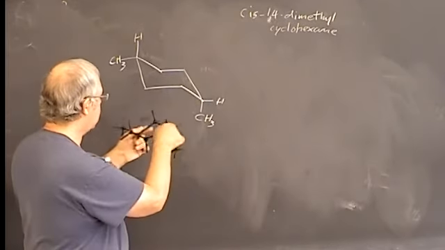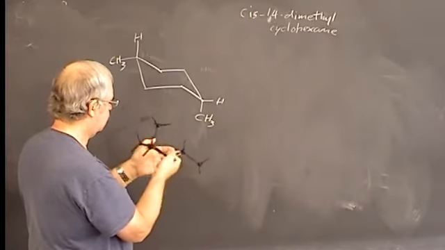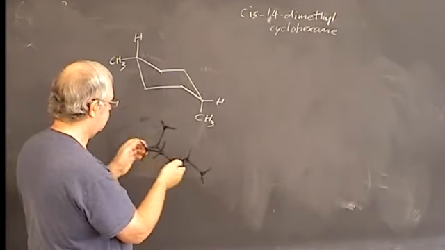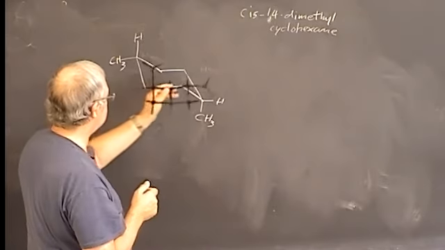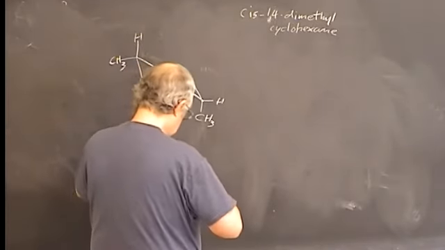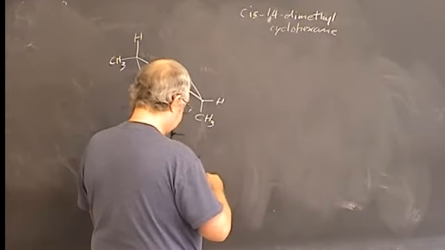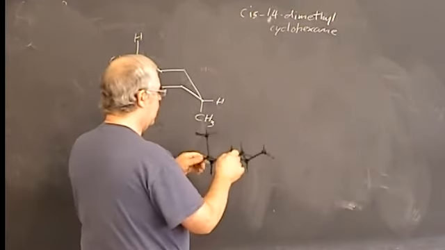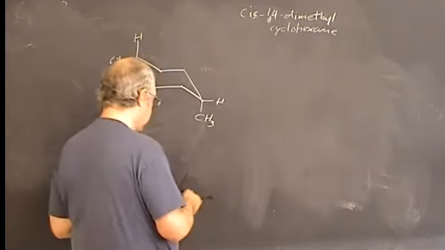Okay, when I do the conformational change, this methyl is now axial, the other one is equatorial. So actually, let's make this 1,4. Okay, it's still cis because the methyls are on the top, hydrogens are on the bottom.